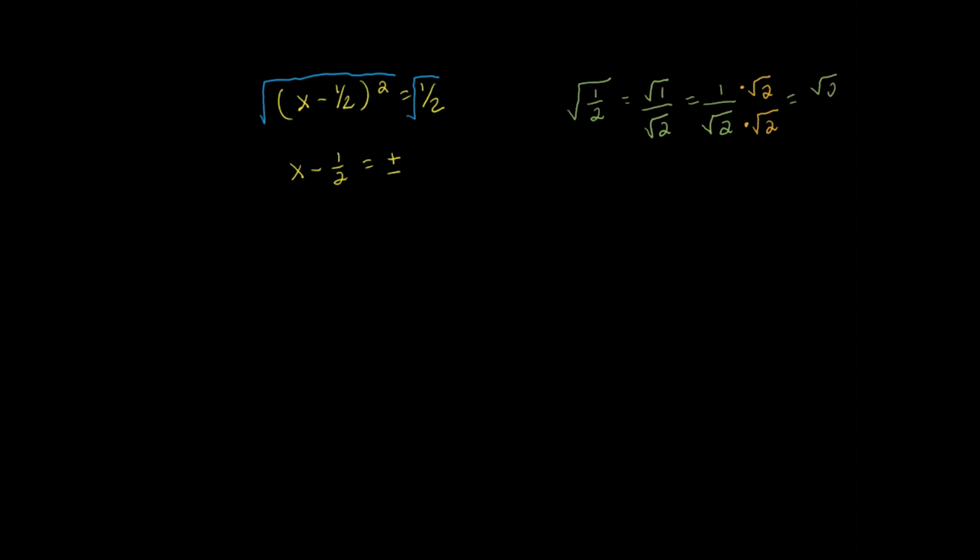And so this ends up with the square root of 2 on top, and then your square roots cancel. Square root of 2 times the square root of 2 is square root of 4, and the square root of 4 is equal to 2. So this is going to become plus or minus square root of 2 over 2.